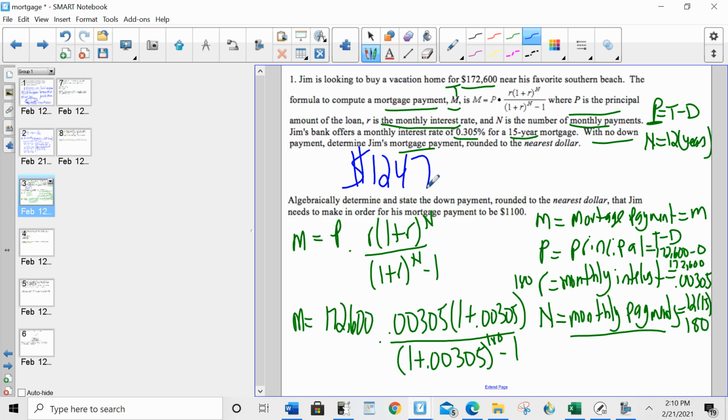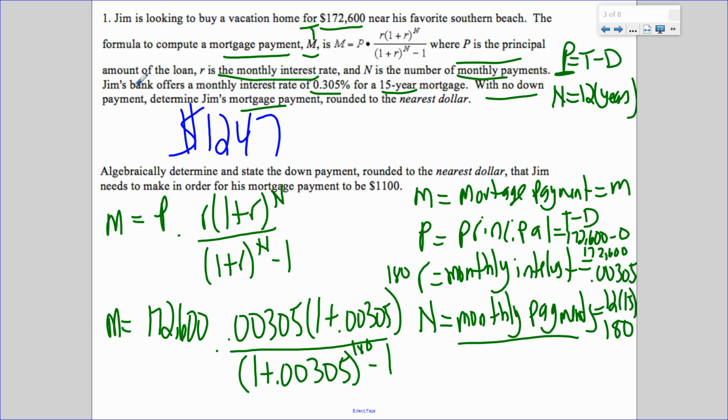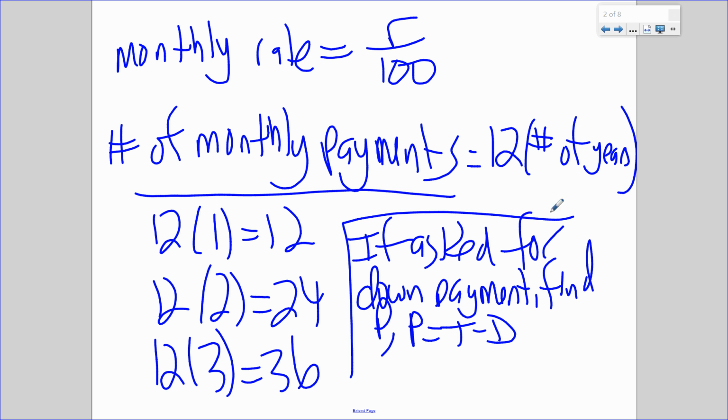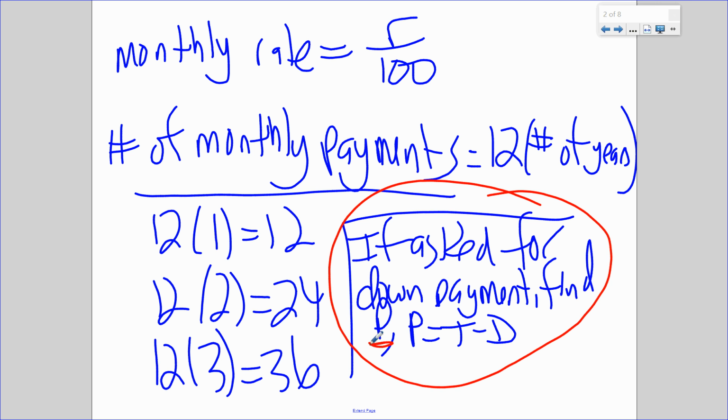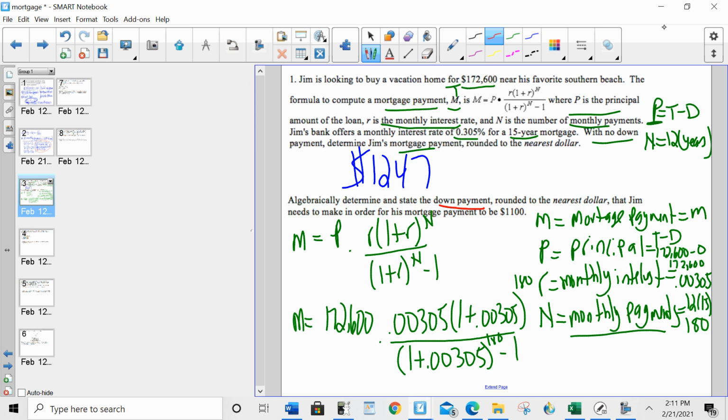All right. Now there's a second question. Algebraically determine and state the down payment. So it's asking us for D, the down payment. If they ask for the down payment, we have to first find P. Then I use this. So my mortgage payment's going to change.